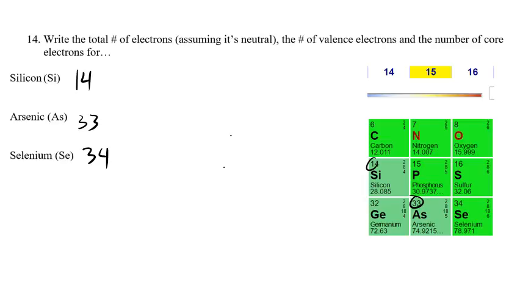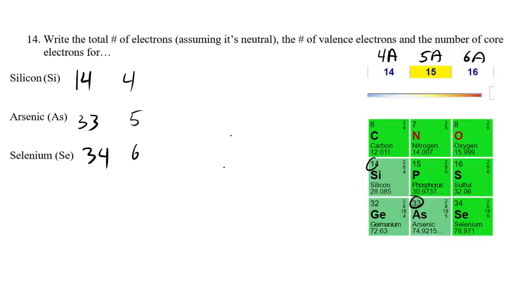The number of valence electrons is related to the group number. While these are in groups 14, 15, and 16, we also have them listed as 4A, 5A, 6A, because that is the number that represents the number of valence electrons. Silicon would be 4, arsenic would be 5, selenium would be 6.